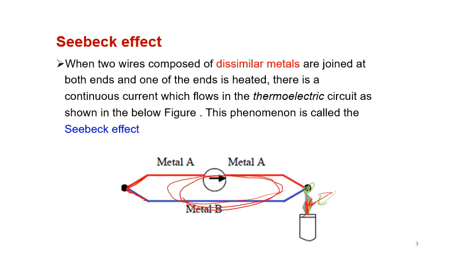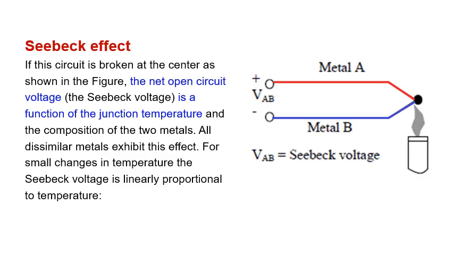So that's the idea: just two materials joined together at a certain point. We close the circuit from here. When you apply heat, you get current flowing in it. This is what is called the Seebeck effect. The Seebeck effect is nothing but when we apply temperature to a junction, it causes current to flow if we close the loop.